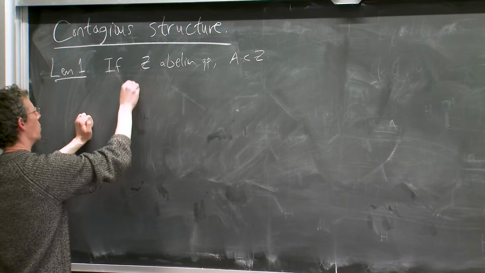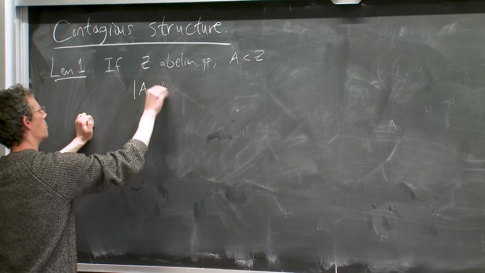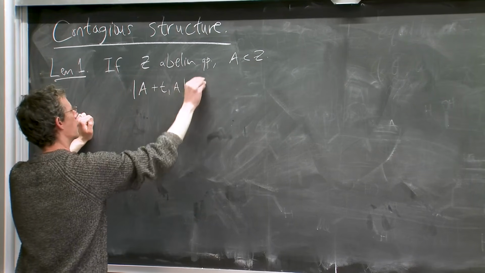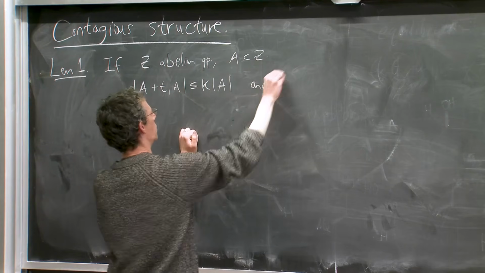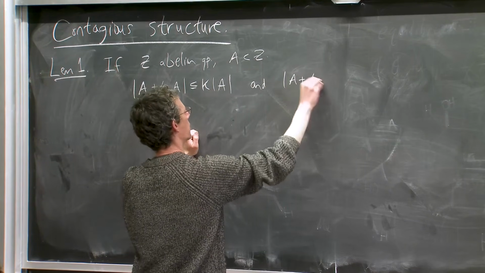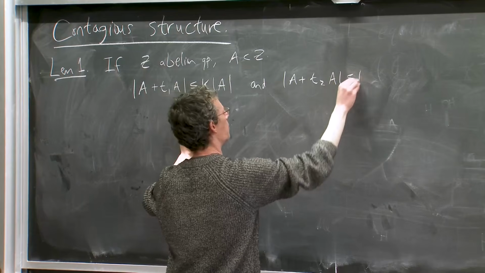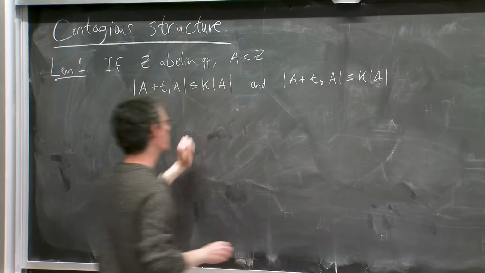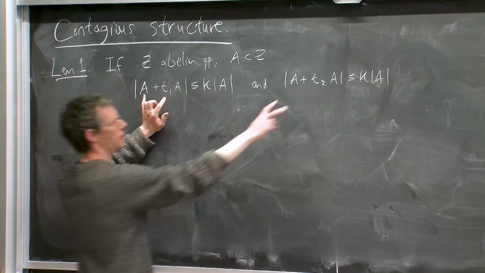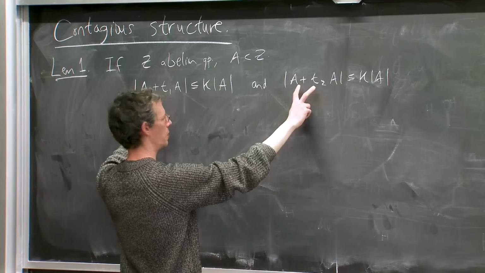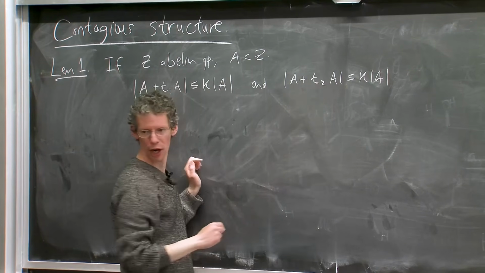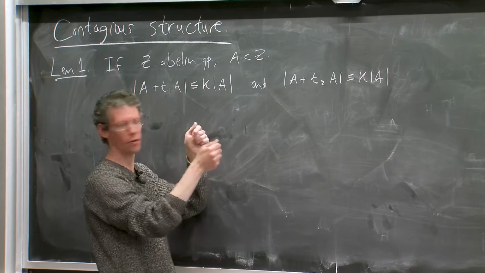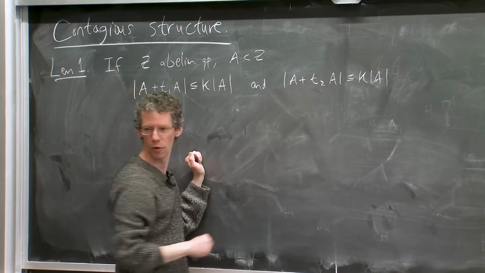All right. So suppose that A plus T1 times A is not too much bigger than A, and also A plus T2 times A is not that much bigger than A. Remember that this kind of thing is basic in some additive combinatorics, some product theory, but it also looks like a projection. We're taking the product set A cross A and projecting it in the T2 direction.